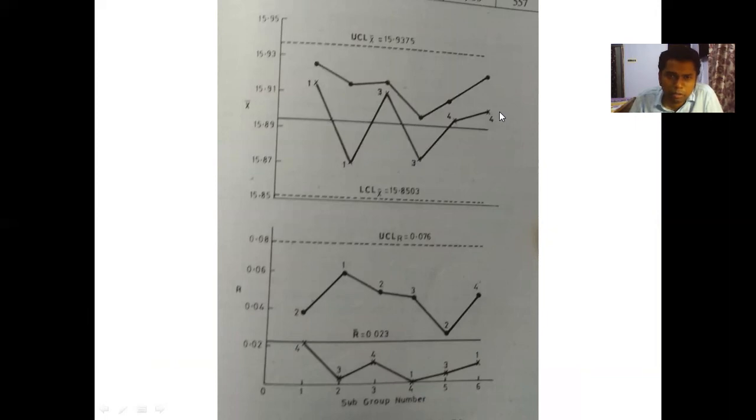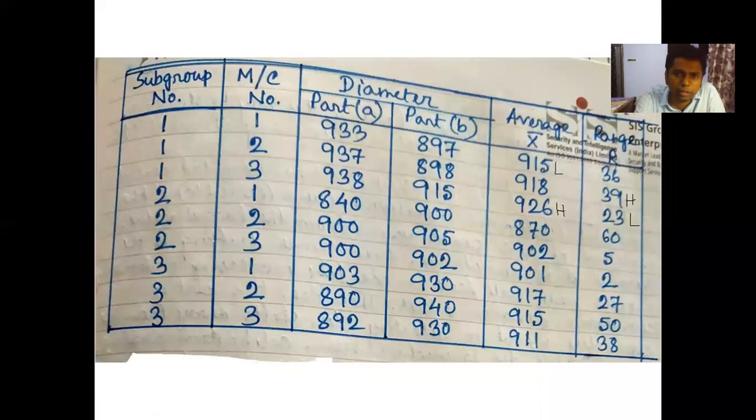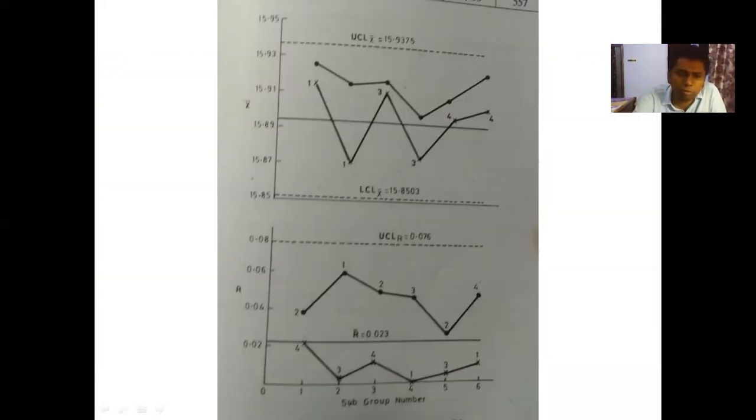So why are there 6 points? Because you are using one graph, since you know that you have 6 subgroups.